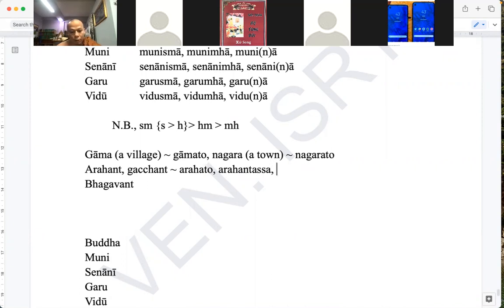In the same way, Gachato, which we will learn in the next lesson. Here the point I want you to understand is that those are not Do signs, not ablative. Gachan is the same way. Bhagavan also, not ablative.